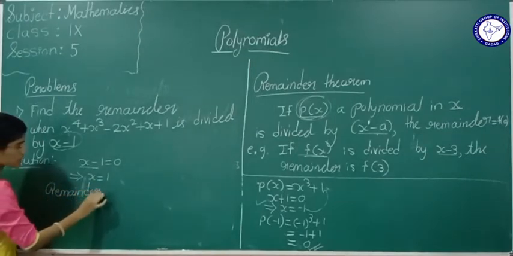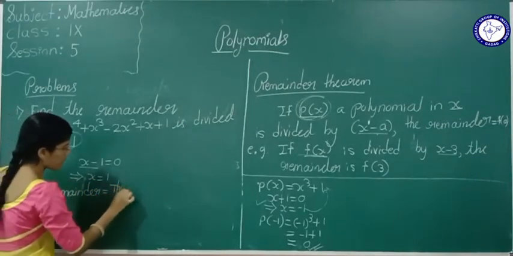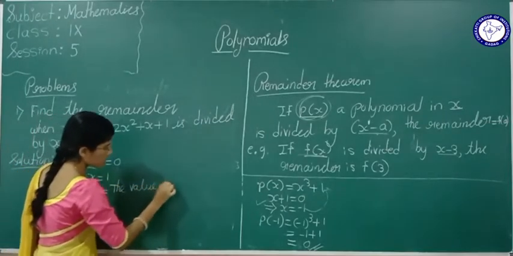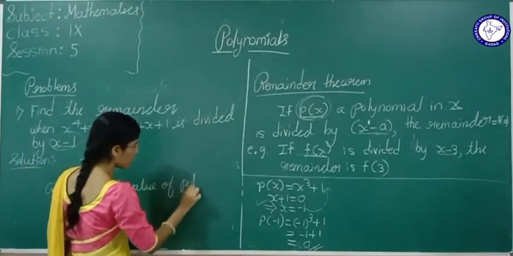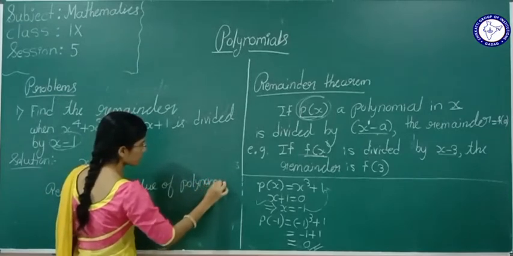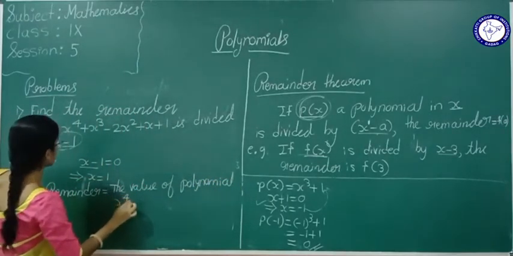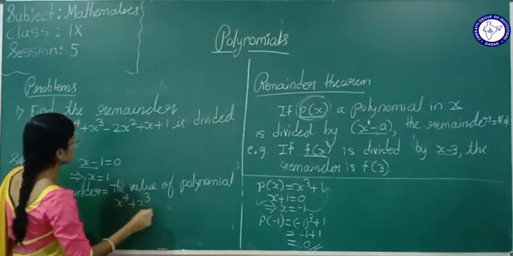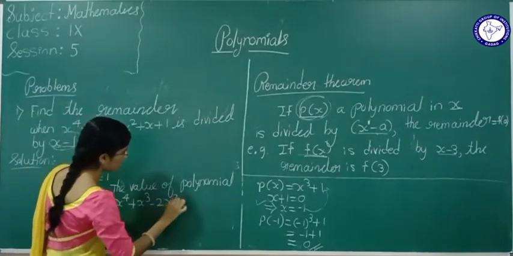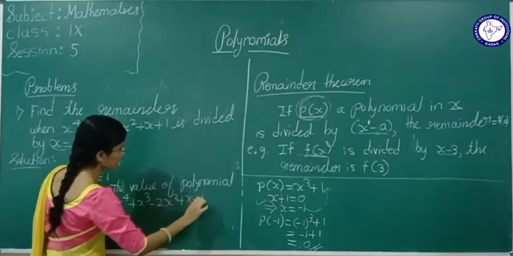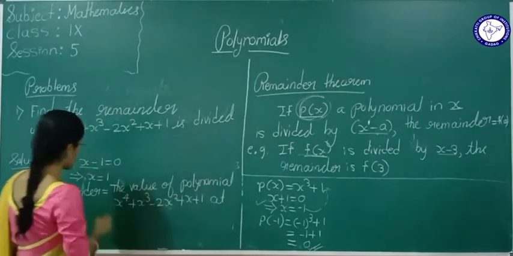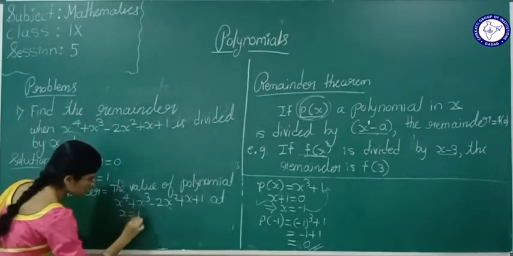The remainder is going to be the value of the polynomial x raised to 4 plus x raised to 3 minus 2x square plus x plus 1 at x is equal to 1.